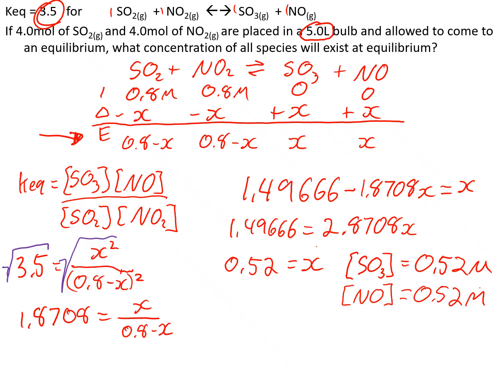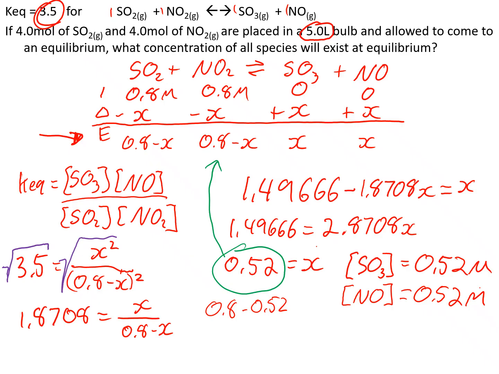Now the slightly harder one is going to be doing SO2. So we have to plug this 0.52, let's do it in green here, back into these values right here, into those little equations. And it's going to be 0.8 minus 0.52. So I replaced that 0.52 in there, and then I can find out what NO2 and SO2 are.